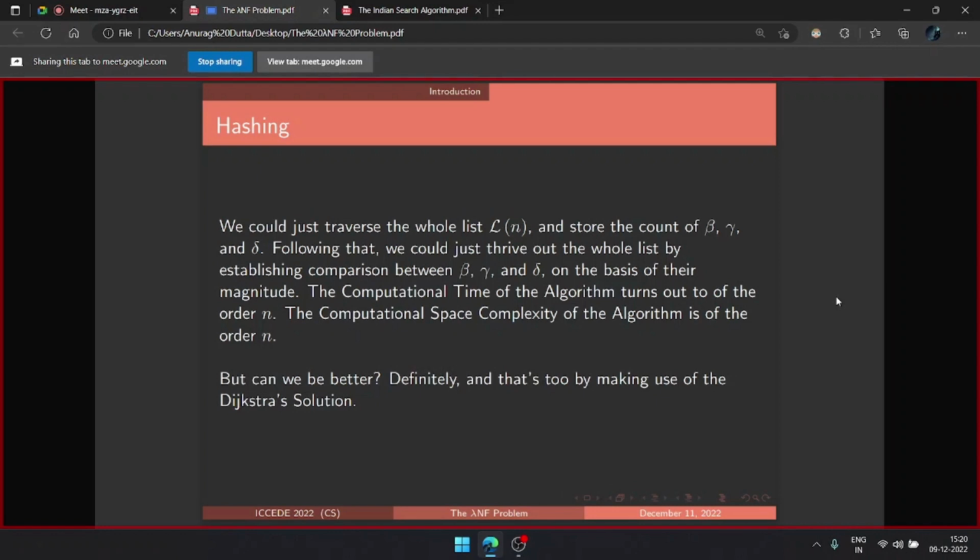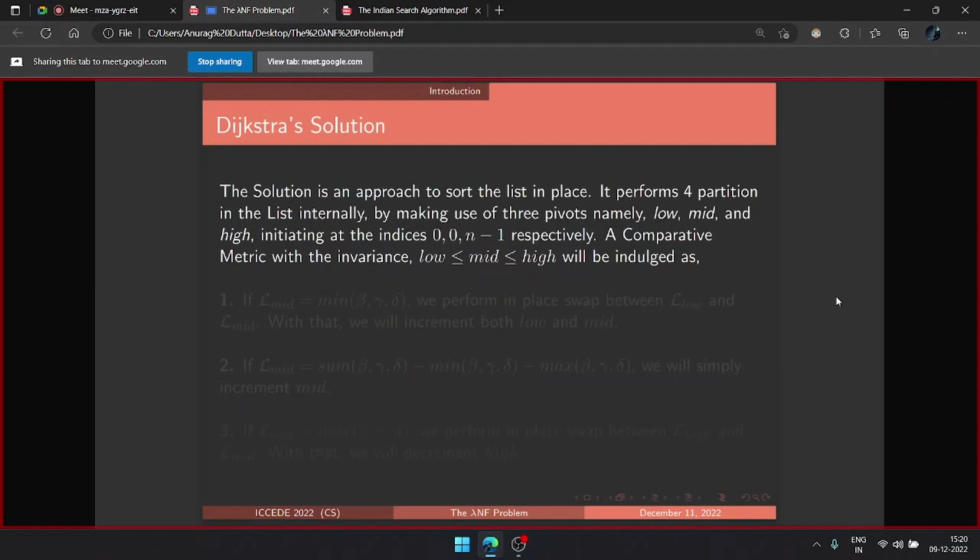Now, we can still do something better, which is the Dijkstra solution. Dijkstra proposed that we maintain one invariant, that is, low is less than or equal to mid, which is less than or equal to high. Low, mid, and high are three pointers pointing to 0, 0, and n minus 1, where n is the cardinality of the set we are dealing with.